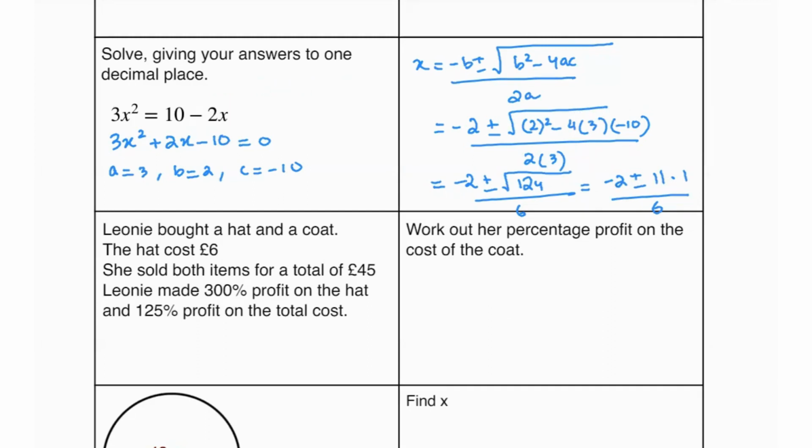One value of x is going to be negative 2 plus 11.1 over 6, which equals 1.5. And the other value would be negative 2 minus 11.1 over 6. That gives us negative 2.2. These are your values of x correct to one decimal place.